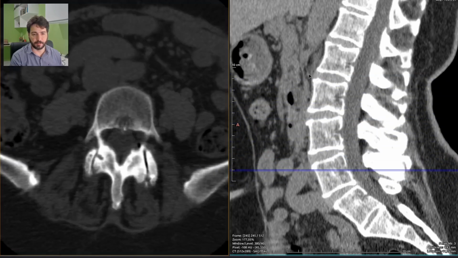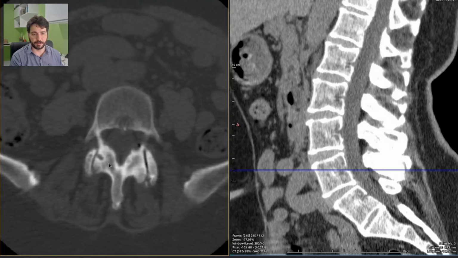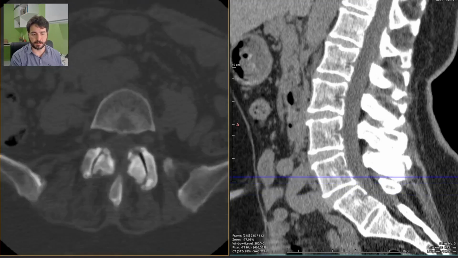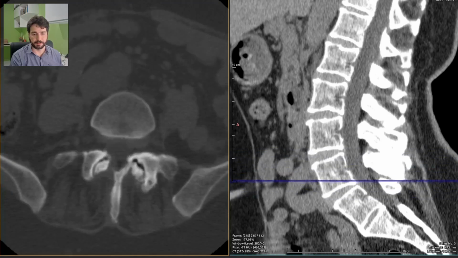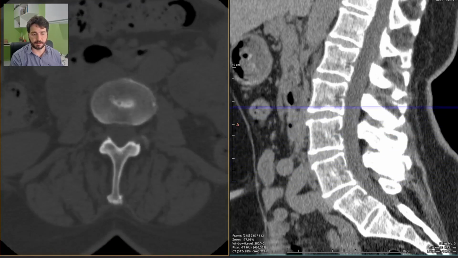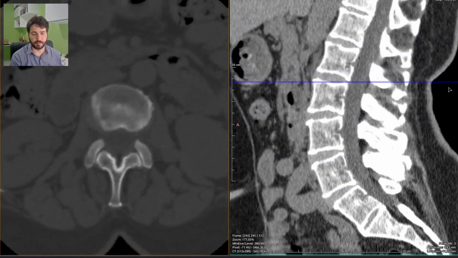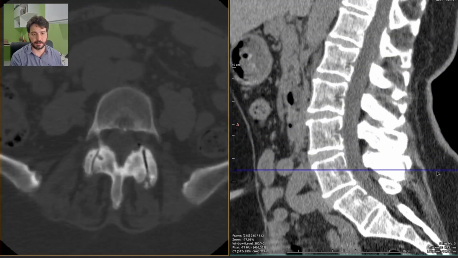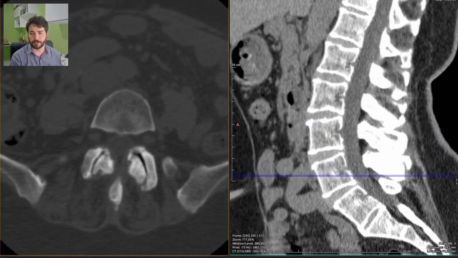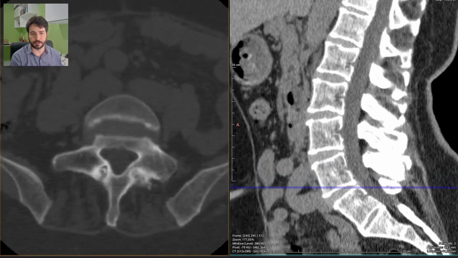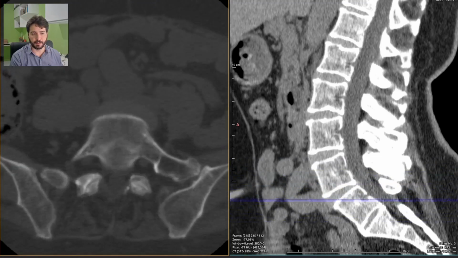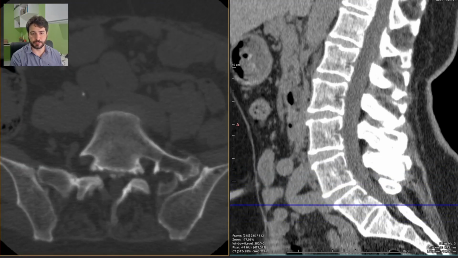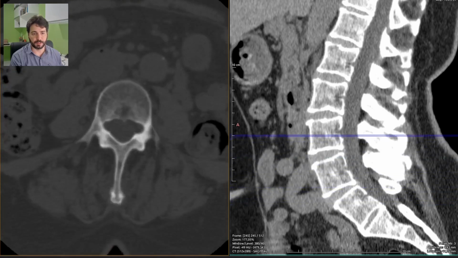We have severe arthrosis of the facet joints. So severe arthrosis, especially here on the transitional section of the spine. Anomalous joints all over the place.